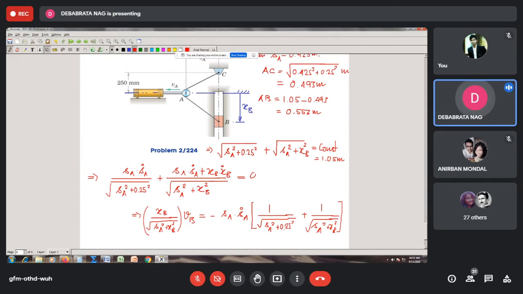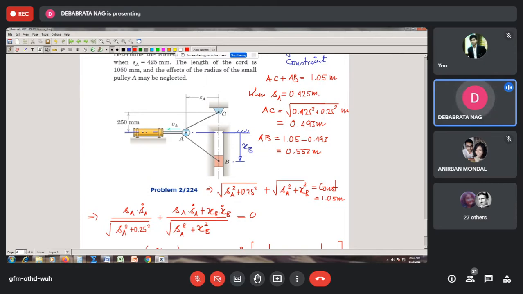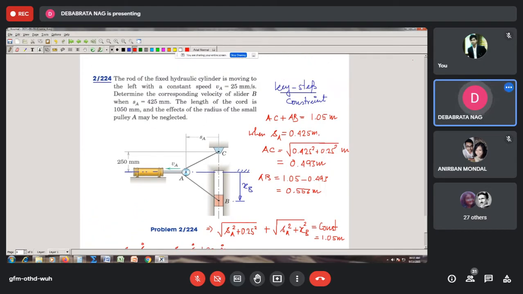So you see that this is the relationship, and I note that it is given that the velocity of this end, I mean to say VA, is 25 millimeter per second towards left. So expressing this condition, S dot A is going to be equal to minus 0.025 meter per second. Sorry, it is plus.